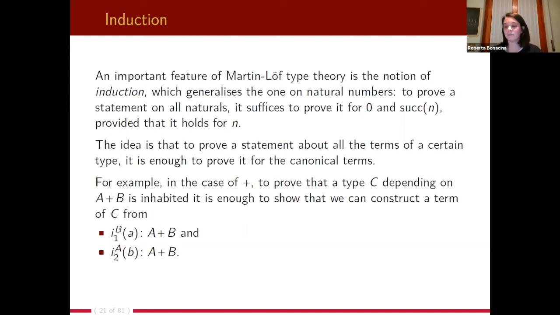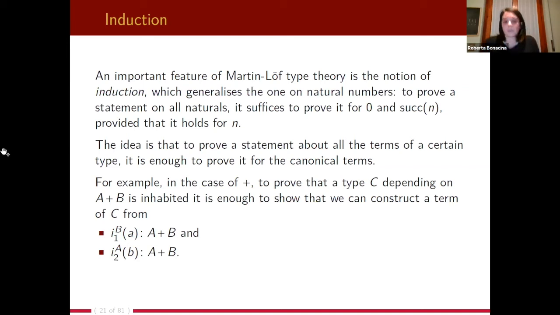They generalized this idea, saying that to prove a statement about all the terms of a certain type, what we can do is to prove it only for the canonical terms. For example, for the sum type it is easy: to prove that a type C, which depends on A + B, is inhabited, we just can show that a term of C can be constructed from the two inclusions.